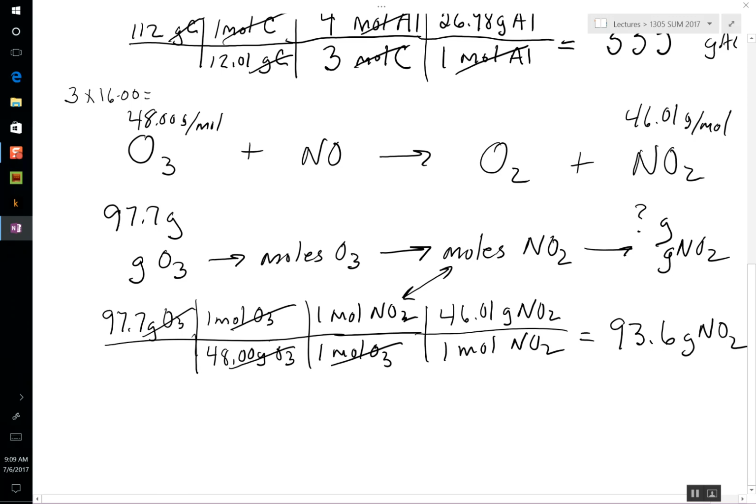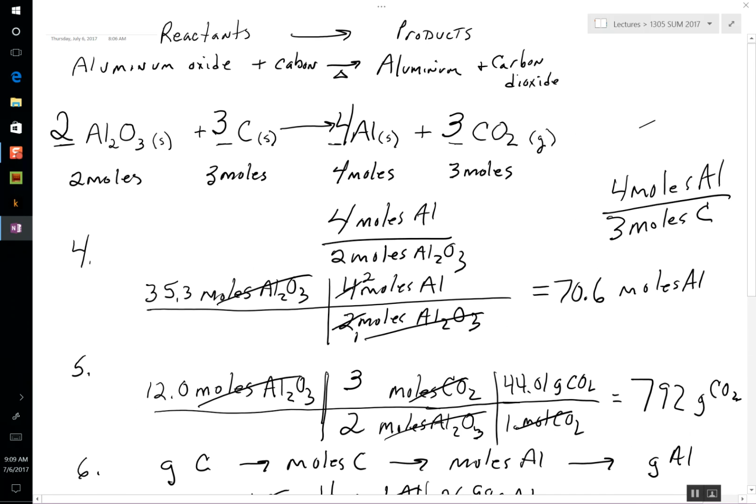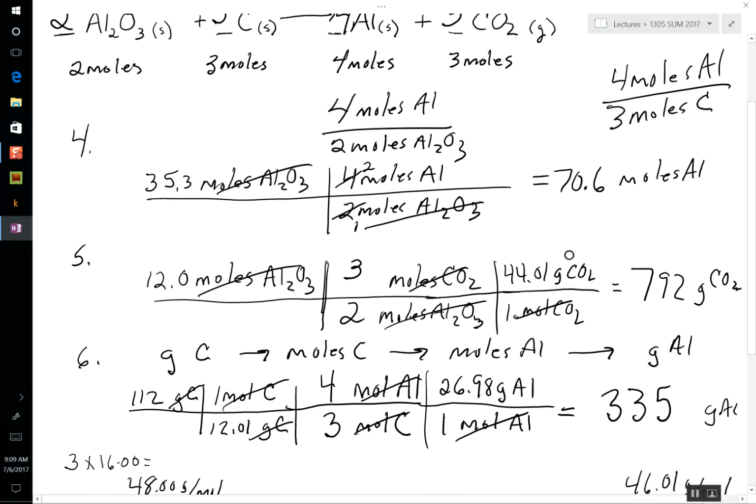Let me point something out. This is a common, well, we won't see it here, but here's a common mistake some students make. They'll put this in here, but then they'll have 26.98 grams of aluminum, and they'll pull this coefficient down in here again per 4 moles of aluminum, and that's not true.